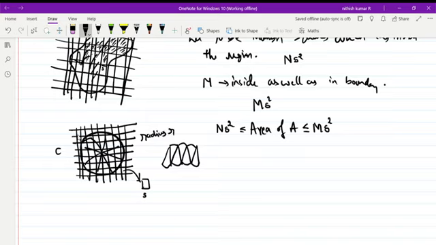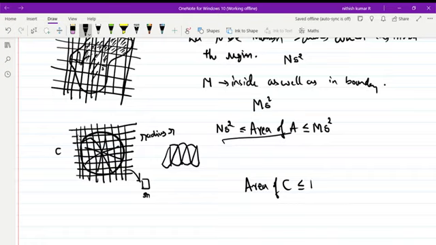With respect to this radius, we write the side as s into r. Now with this notation, what is the area of this circle C? Say there are m squares which are inside the circle and on the boundary of the circle.